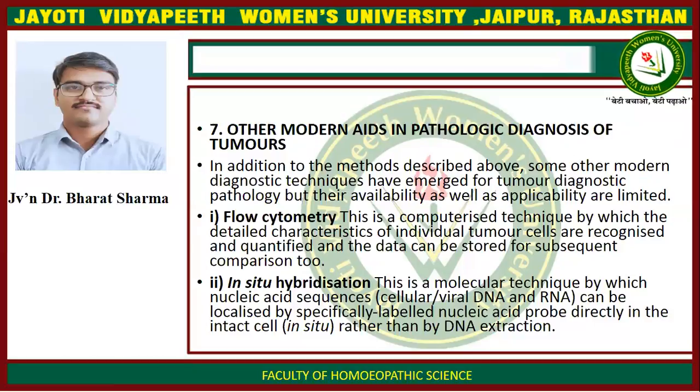This is a computerized technique by which the detailed characteristics of individual tumor cells are recognized and quantified, and the data can be stored for subsequent comparison. In situ hybridization. This is a molecular technique by which nucleic acid sequences can be localized by specifically labeled nucleic acid probes directly in the intact cell rather than by DNA extraction.